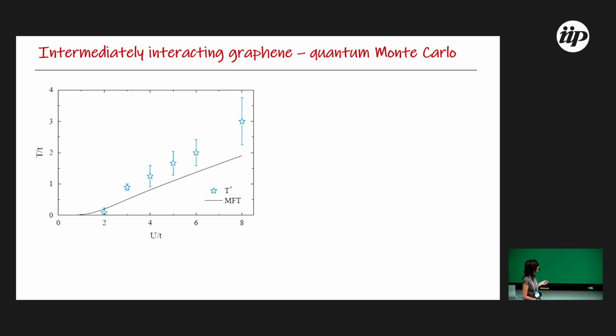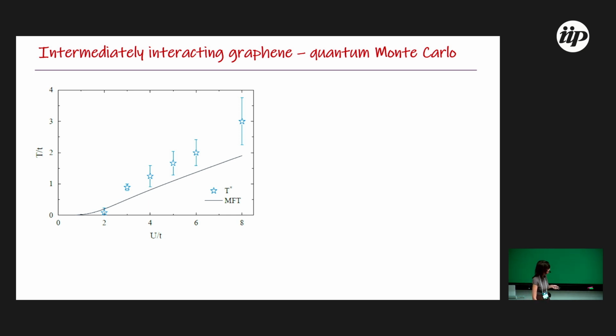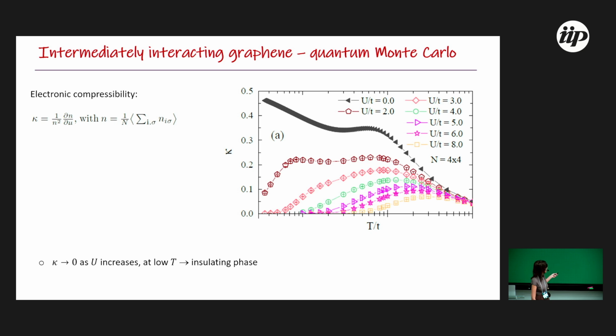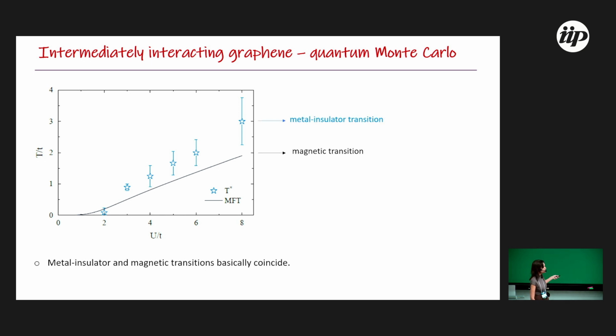And then if we put all this together in this plane, temperature versus electron-electron interactions, we see that actually the magnetic transition, which is here given by this line, and this metal-insulator transition that comes from the analysis of the compressibility, they basically coincide. They're very close.